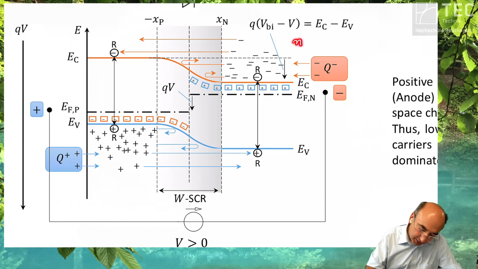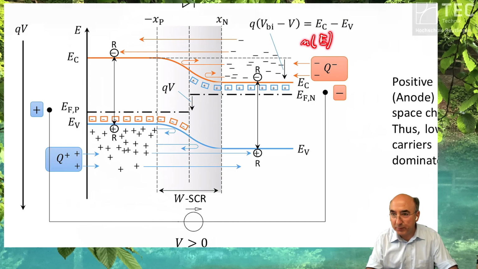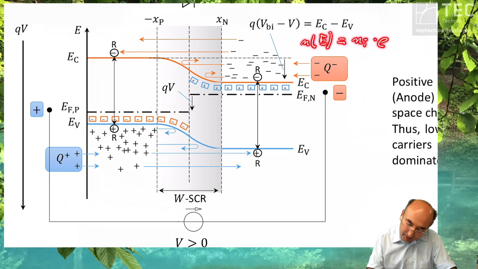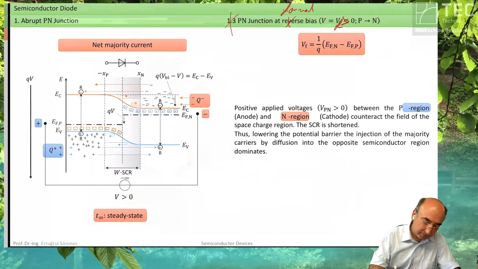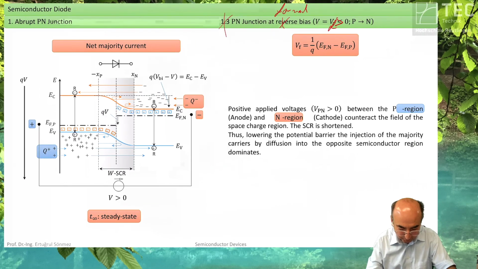What is the change in the concentration as a function of the energy level in the Boltzmann approximation? What is this distribution? What dependence does it have? It has at the intrinsic level, for instance, times e to the power of, let's go to the table where we have this equation.